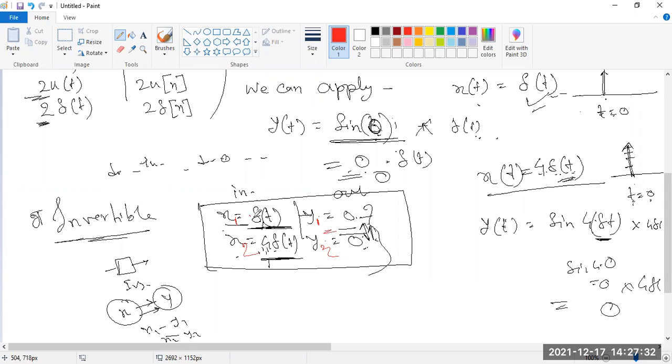So these are not mapped one to one; one input is mapped to two outputs. So is it invertible or non-invertible? This is non-invertible. It would be invertible only if one-to-one mapping were possible.